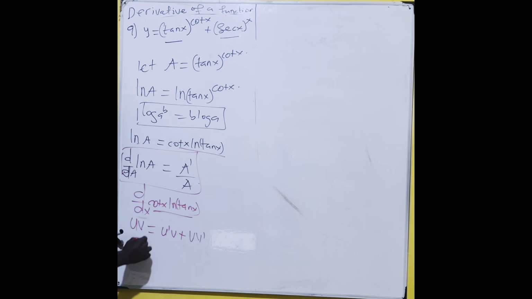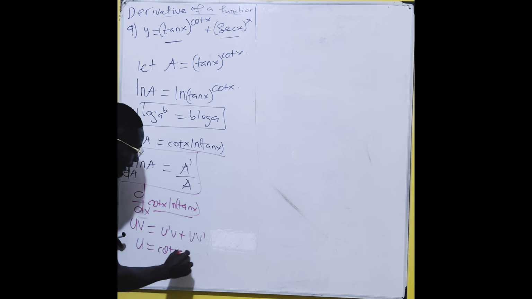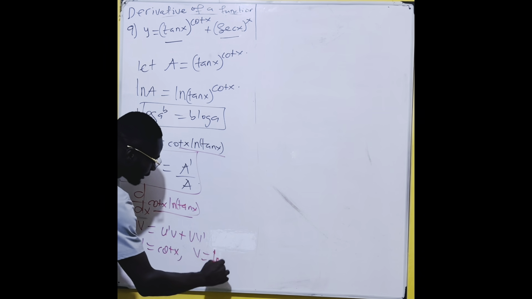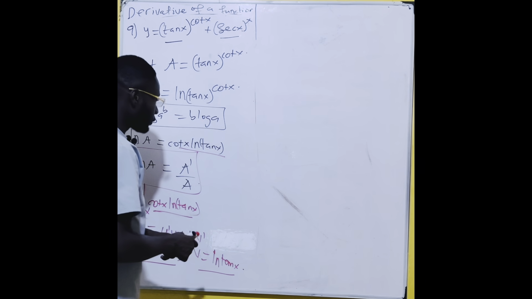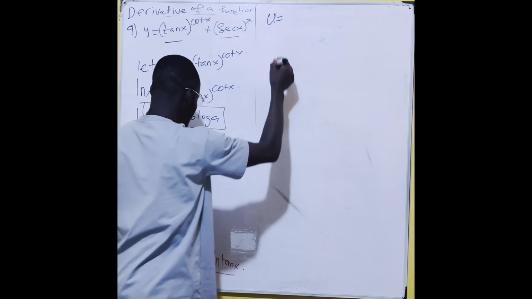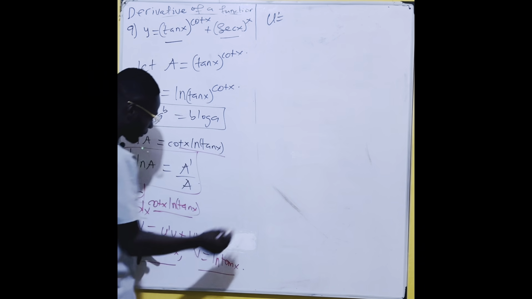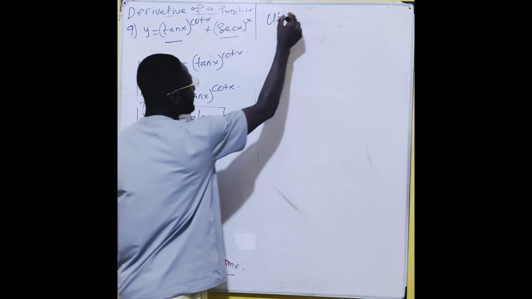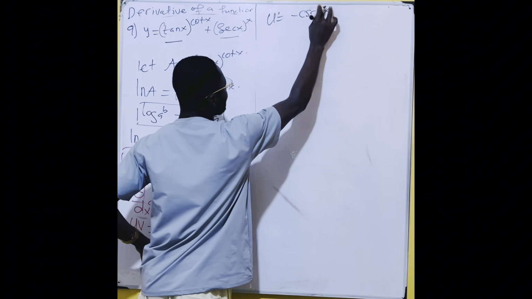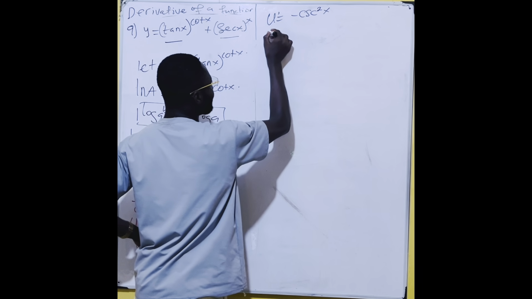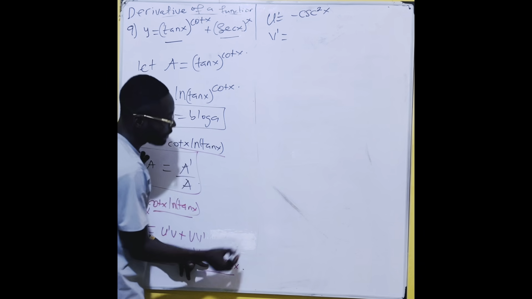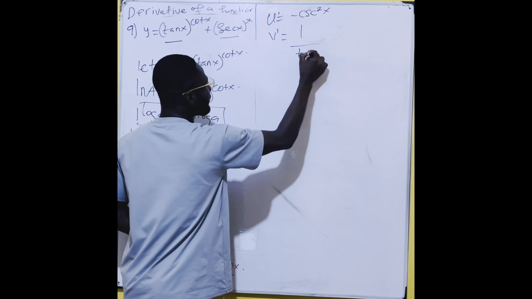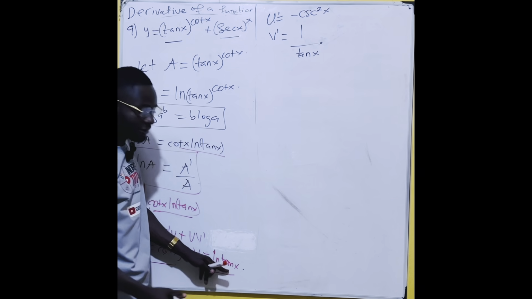And our first function here is u, which is cot x, and our second function is ln tan x, right? So we have u, we have v. So we come up here and we say that u prime will be equal to derivative of cot x, which is negative cosec squared x, right? And the derivative of ln tan x, as usual, you take 1 over the function inside the ln times derivative of tan x.